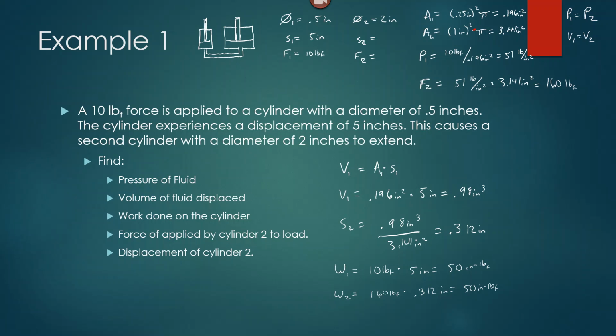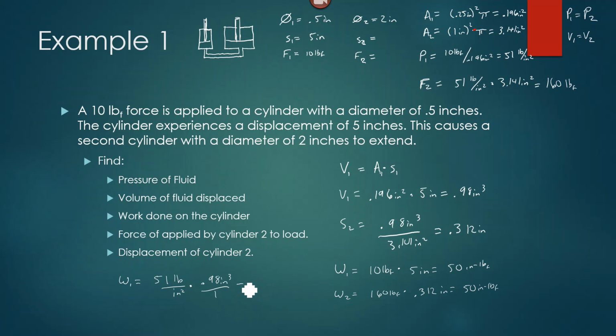There's another way we can do it, and that's with pressure. It's going to be 51 pounds per inches squared times 0.98 inches cubed, which is our volume that was displaced.